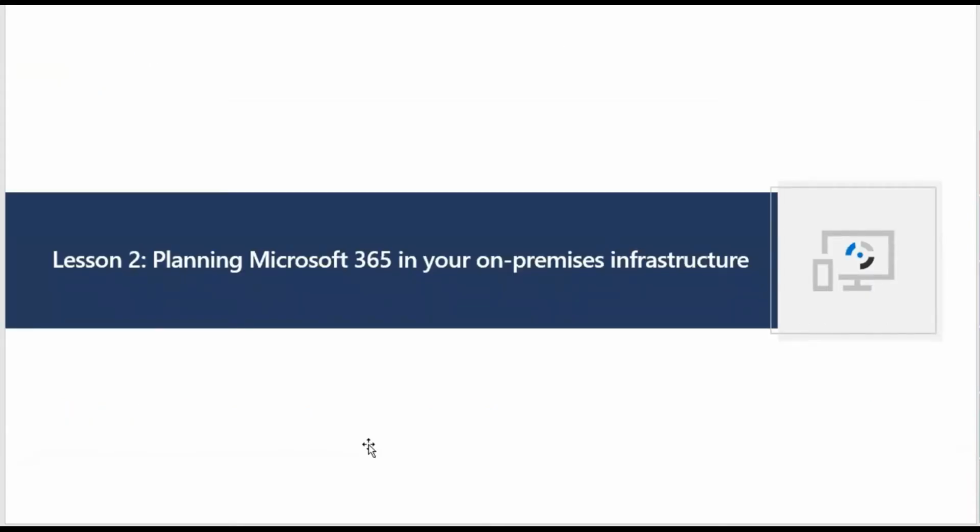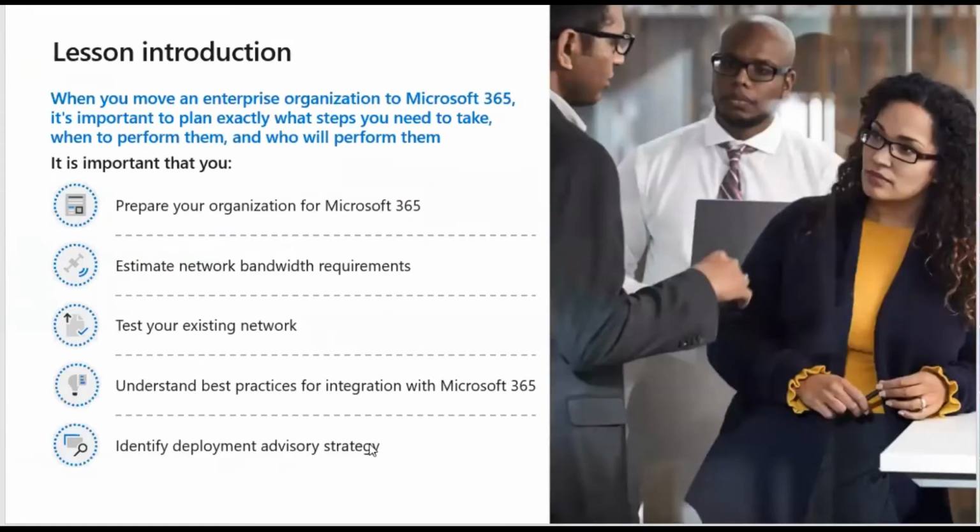Planning Microsoft 365 in your on-premises infrastructure. So when you move an enterprise organization to Microsoft 365, it is important to plan exactly what steps you need to take, when to perform them, and who will perform them.